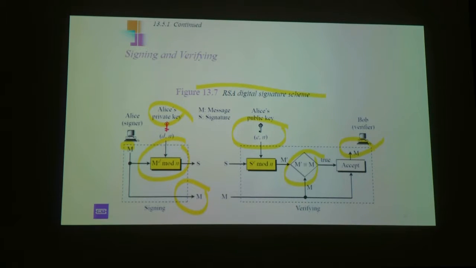In this figure, there are two things missing to improve it. The first thing, instead of signing the whole message, we could sign the digest. It would be faster. And also, we could add encryption, whether it's public or private key encryption. It will be very strong. So signing the digest makes it faster.